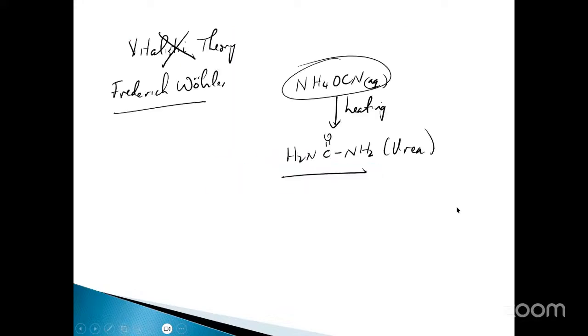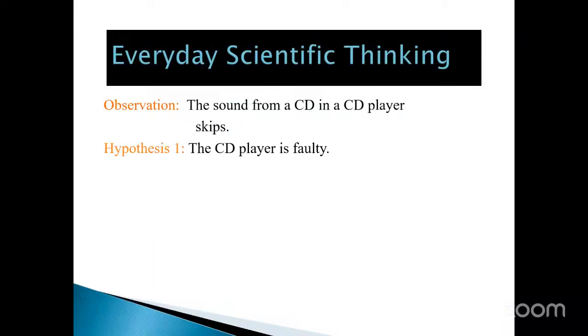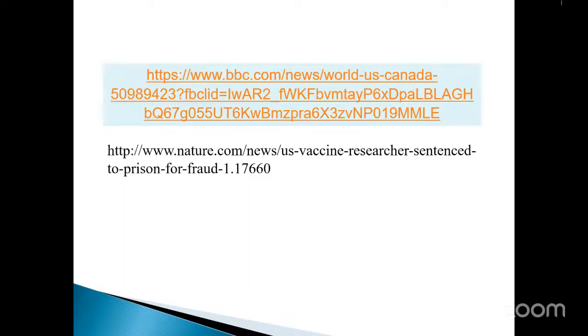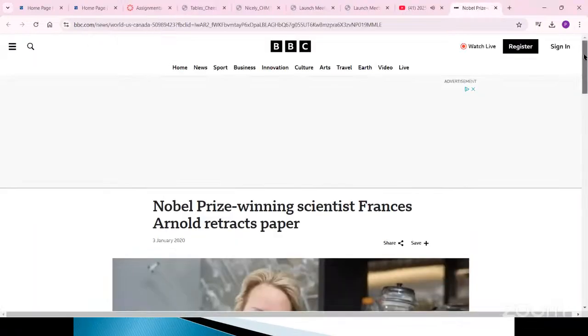Now, there are a couple of examples of some negative consequences, and believe it or not, you have high-level researchers committing those infractions with serious consequences. I have two links here. Let me open up this one here. Now, this one is not as serious.